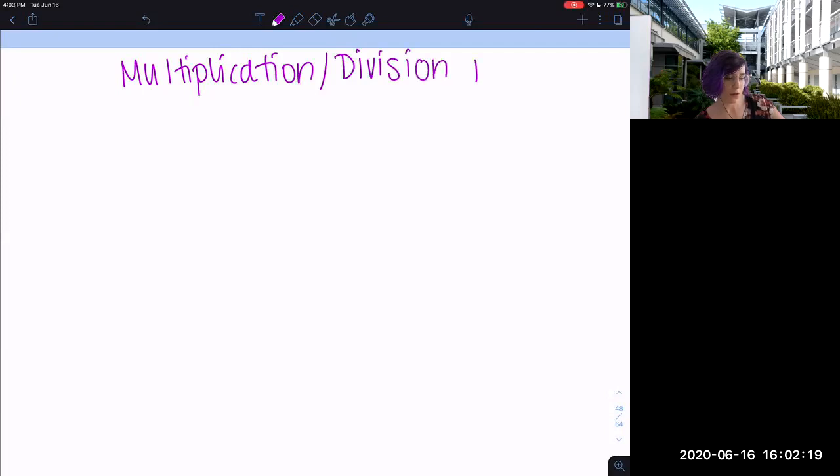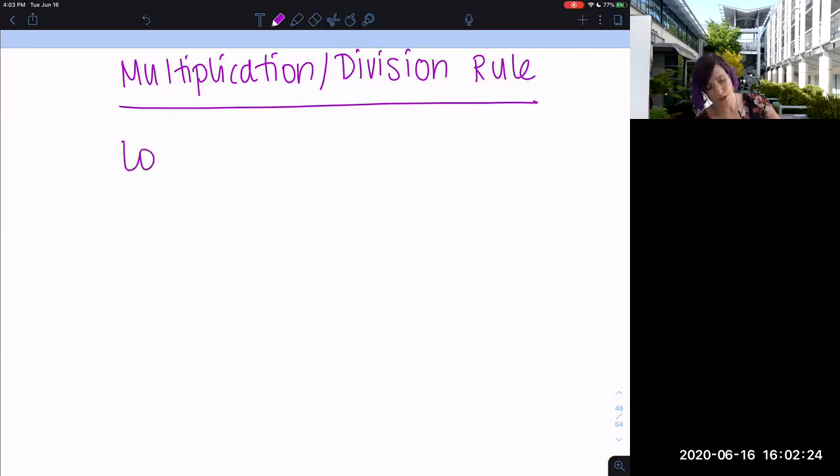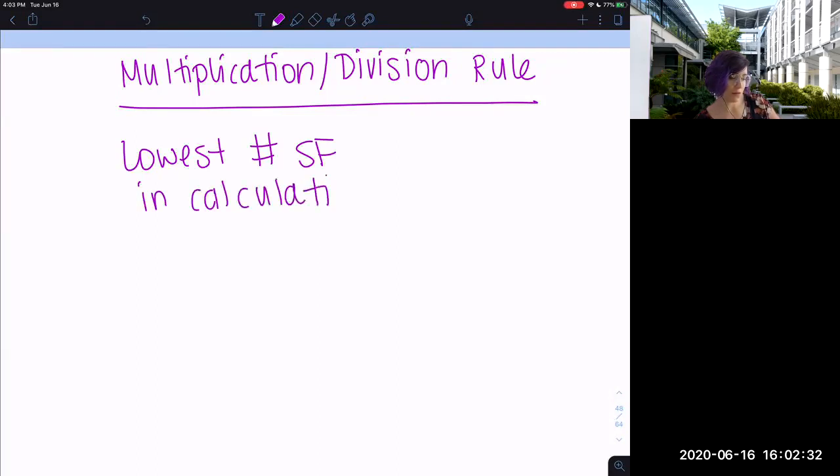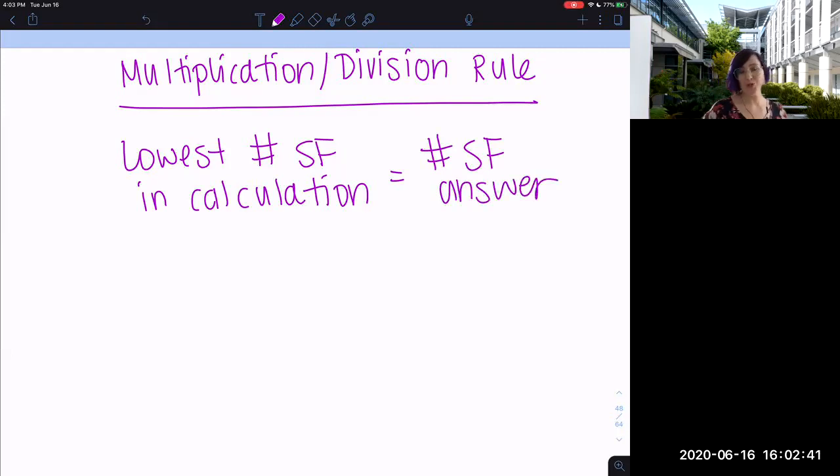Okay, multiplication and division rule is pretty simple. The lowest number of sig figs in your calculation is equal to the number of sig figs in your answer. You're only as precise as your least precise input.